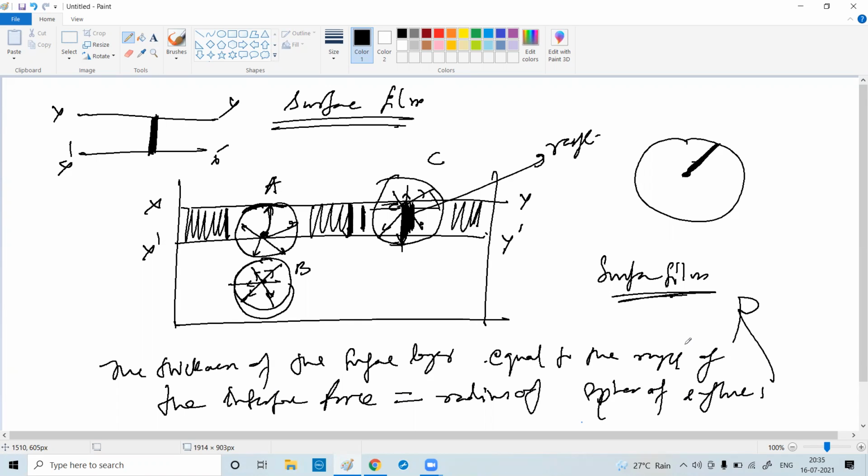Is it clear? Guys, is it clear or not? This thickness, here you cannot say, because only partly here. Actually, I'm not able to draw properly, but it is actually like this.